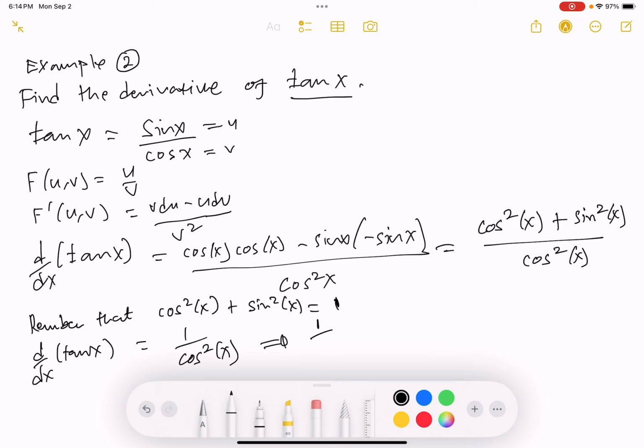Secant. So I'll leave this one here as sec squared of x.